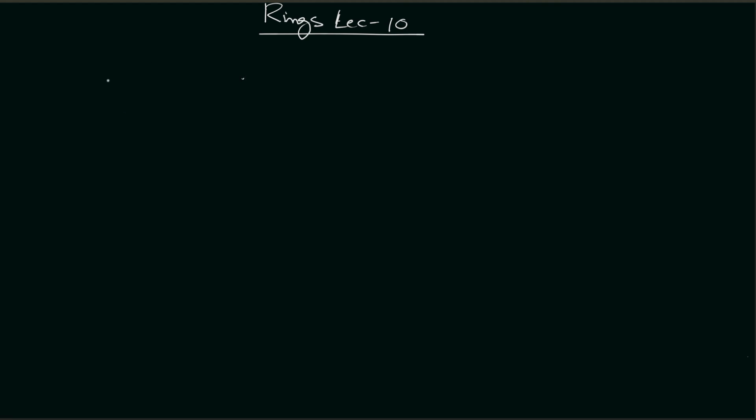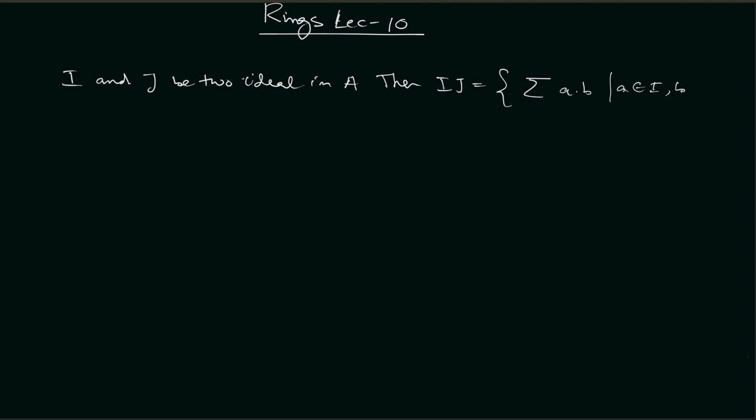If I and J are two ideals in a ring A, then the definition of IJ, or I dot J, is all possible finite sums of the type a times b, where a is in I and b is in J. Can you feel that IJ is an ideal of A?